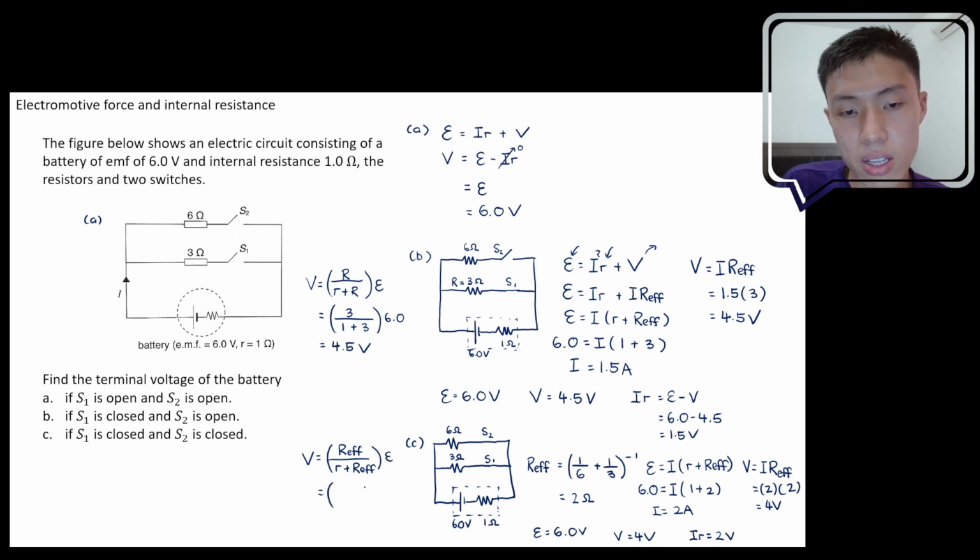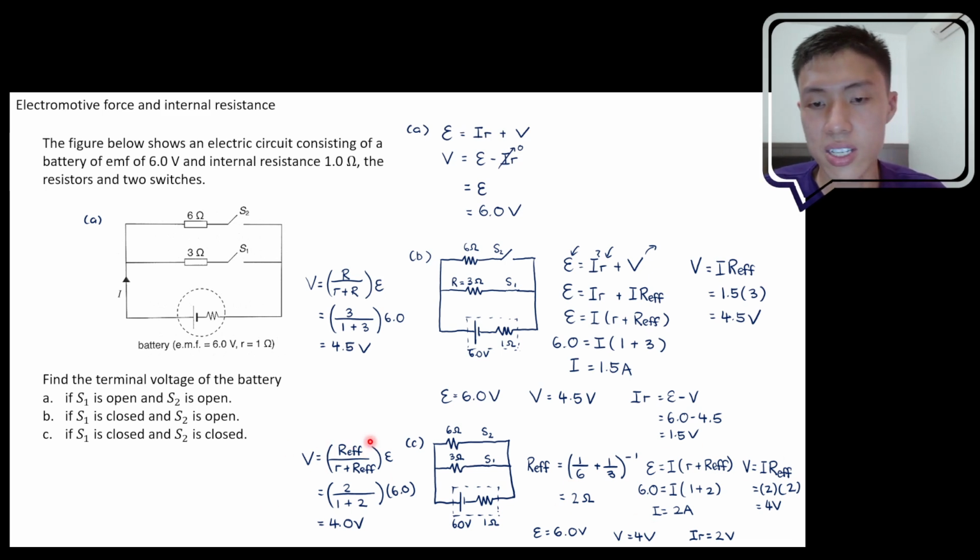We already determined the effective resistance to be 2, so this will be 2 over 1 plus 2, so this is 2 over 3 multiplied by 6, and from here you are able to get 4. Okay, so these are 2 equivalent methods to solve the question. Of course, you see that this is shorter, but it requires you to be very clear on how to apply the concept of potential divider. Both are fine, both will let you determine the answer correctly.